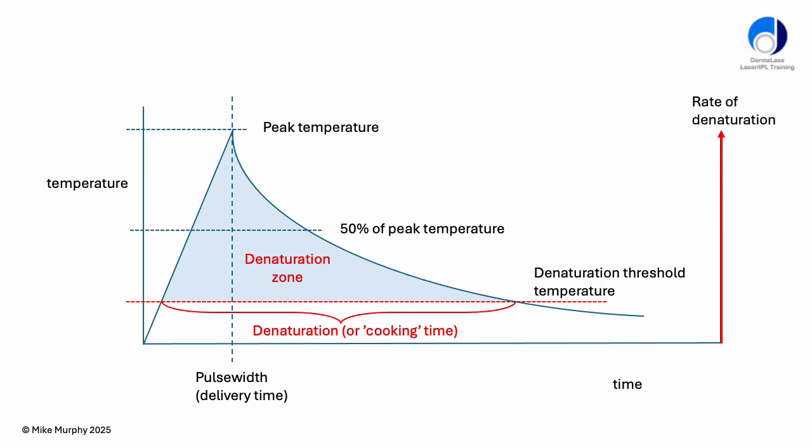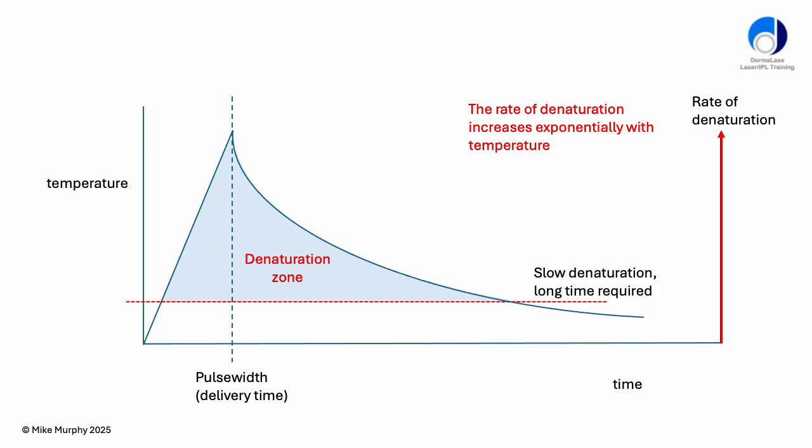Now, the rate of denaturation actually is exponential. Now, this is actually very important. We know this from the Arrhenius equation, which I've discussed previously. So what it tells us is that as the temperature increases linearly, then the rate of denaturation increases exponentially, much faster than the linear increase in temperature. And what that means then is that if you have a relatively low temperature, you're going to have a commensurately slow denaturation, so it'll take quite a long time for all the cells to break down properly.